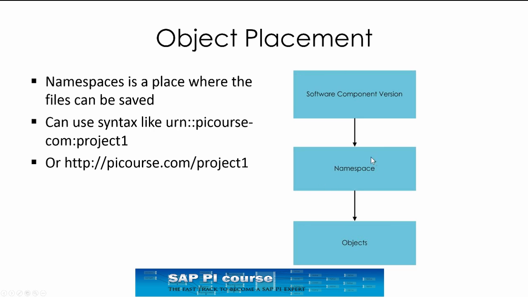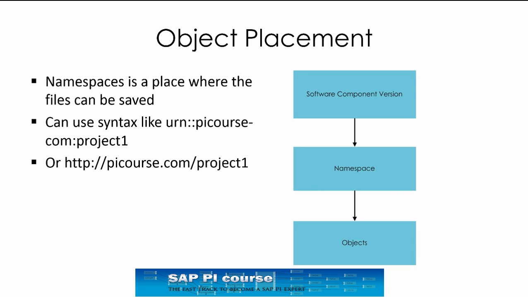In this one, you'd create a namespace, either using the URN syntax or an HTTP syntax. Which one you choose doesn't really matter. Some use the URN because you don't get to think, oh, I can access this page and see something here, which you most likely would not be able to see because you're just doing company whatever.